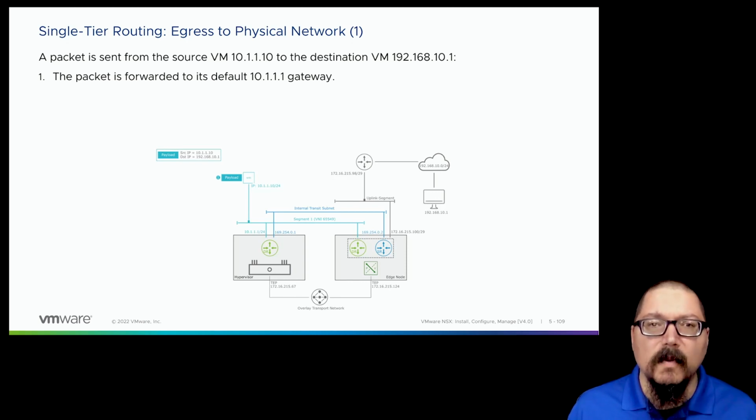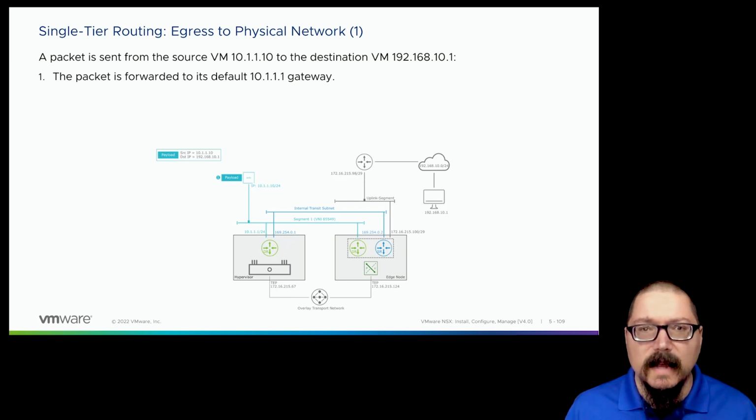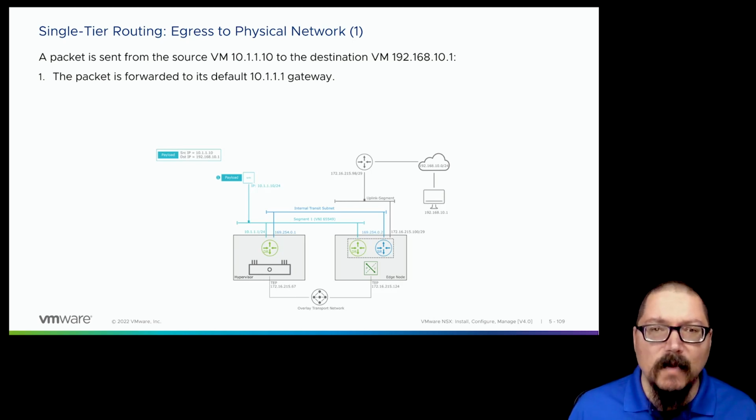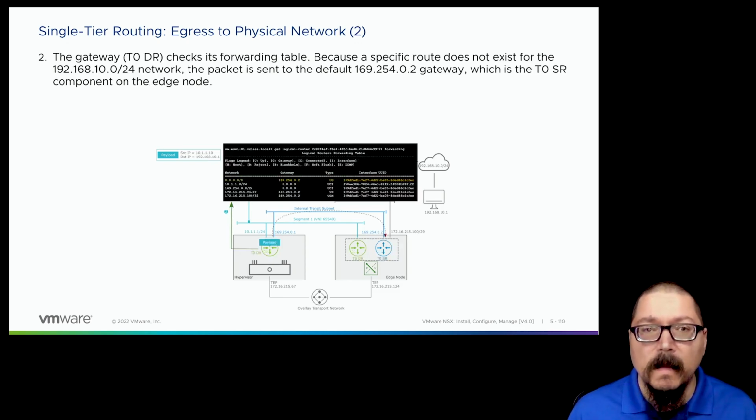And that default route points to the default gateway of the system. That default gateway is hosted by my tier 0 gateway, more precisely by the distributed router on my tier 0 gateway. That default gateway has its 10.1.1.1 address, and so that's where we're going to forward the packet from the virtual machine. So we're going to send the packet to our default gateway.